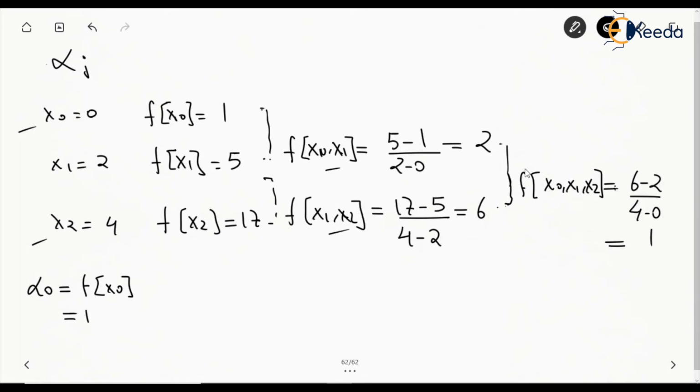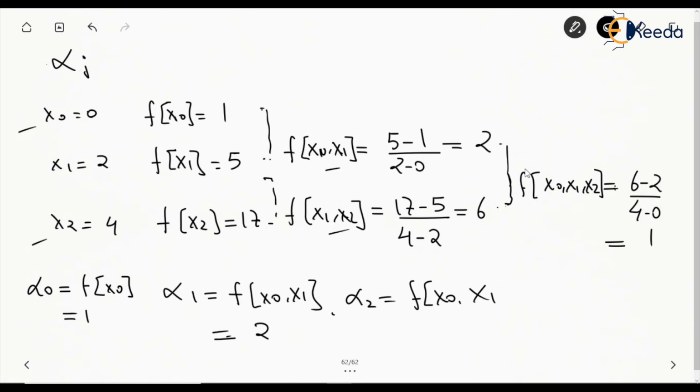So alpha naught is 1, alpha 1 is f of x naught x1, which is 2, and alpha 2, which is f of x naught x1 x2, is going to be 1.